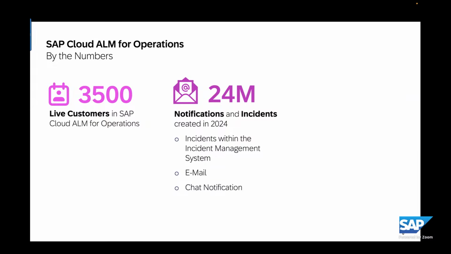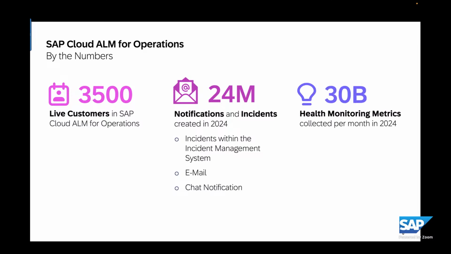Those includes, as said, incidents in the incident management systems, email notifications, or job notifications. Beside that, we collected 30 billion health monitoring metrics in the complete year. So here you can see that we can also handle huge data volumes and serve all our customers very well with SAP Cloud ALM.